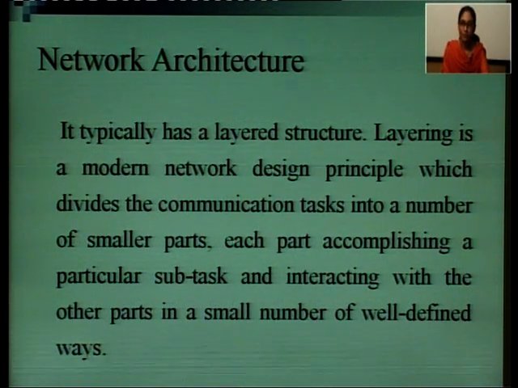So every layer has its own responsibility and features. Every task is divided into subtasks, so it is very easy to handle a complete task. Every layer has to perform its subtasks completely and interact with the others in a small number of well defined manners.